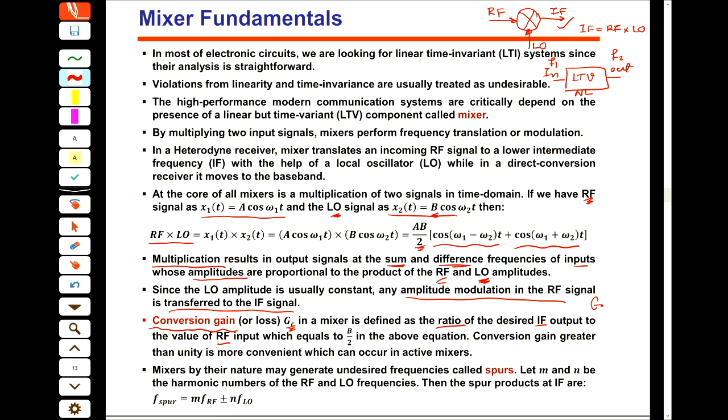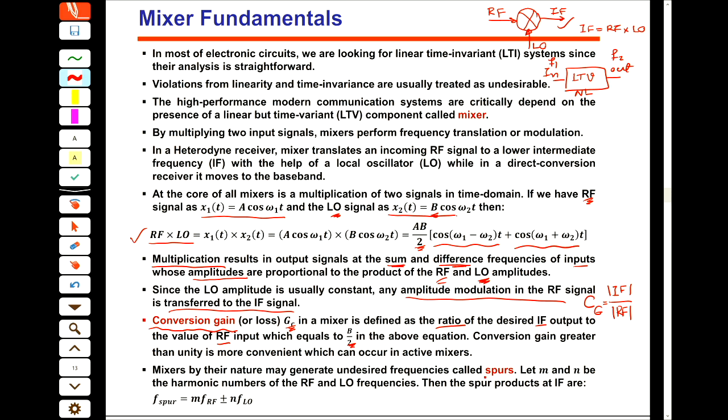So conversion gain is equal to amplitude of IF divided by amplitude of RF. For example, in this simple circuit, the conversion gain is B over 2. It seems that the conversion gain is dependent on the value of the LO.